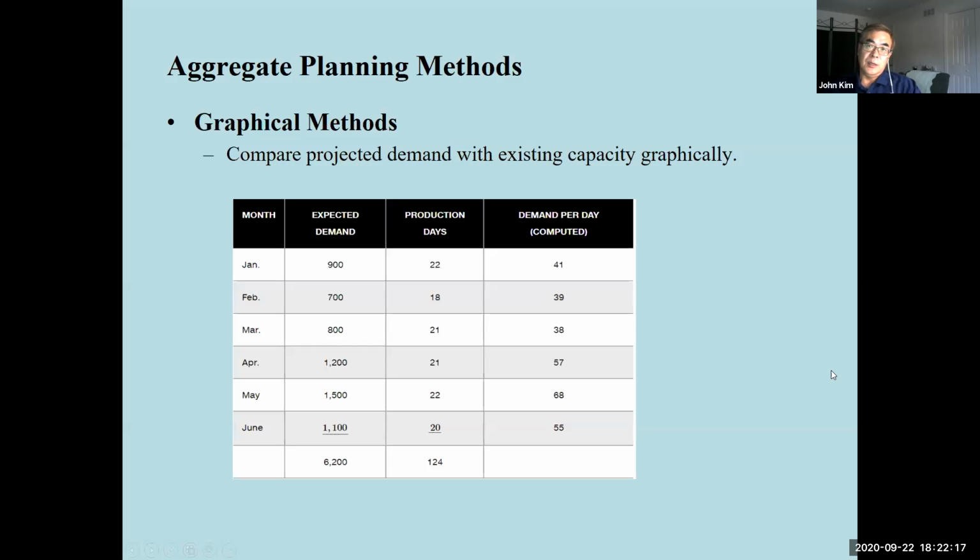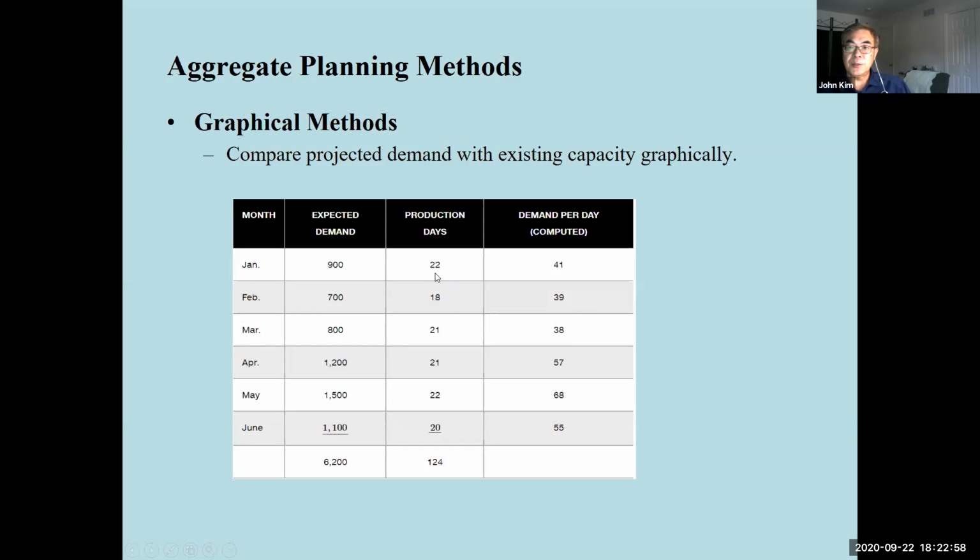And the aggregate planning method: using the graphical method, compare projected demand with existing capacity graphically. So if demand is 900 for January, 700, 800, and so on, then the total aggregate demand is 6,200. Each month's production days are 20, 18, and so on, so total 124.